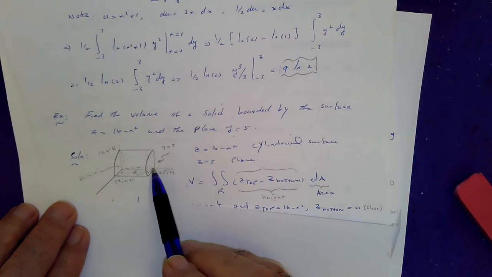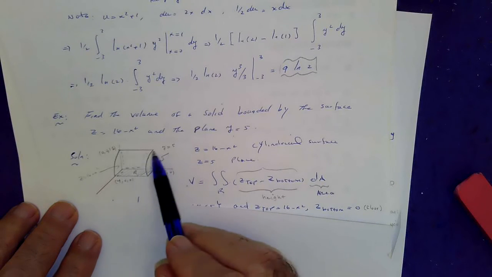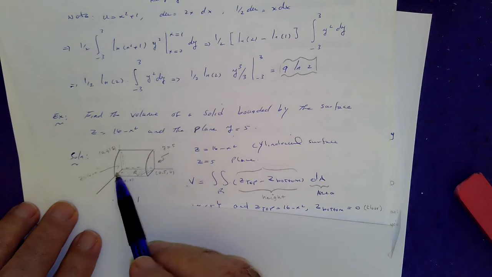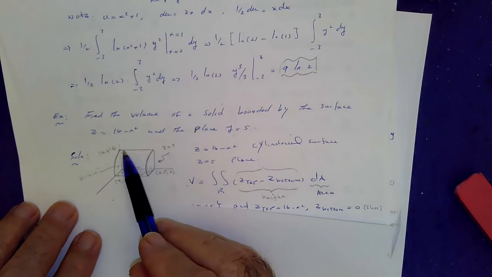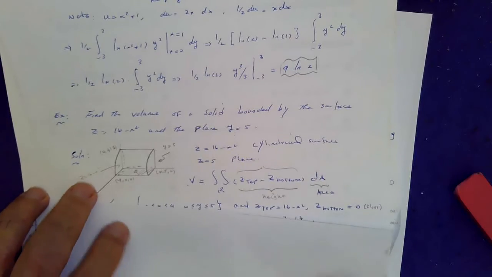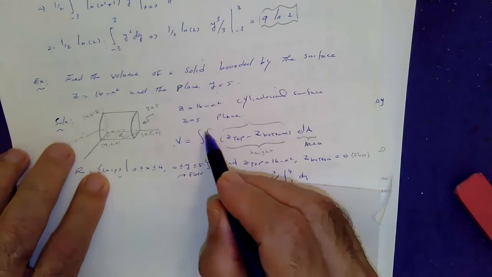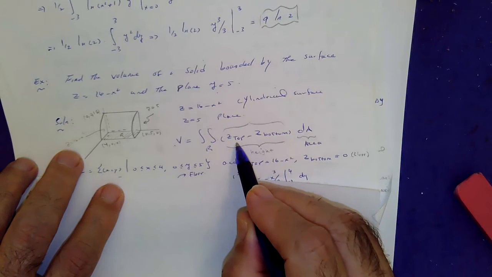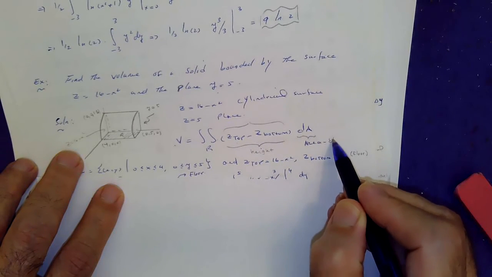Here's the cylindrical surface. And here is y equals 5. So it intersects this cylindrical surface at this curve. So this curve is the curve of intersection of this surface and this plane. So the formula to find the volume is the double integral of z top minus z bottom times the area element.